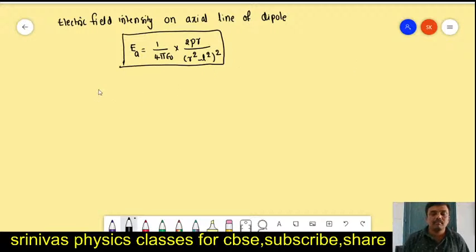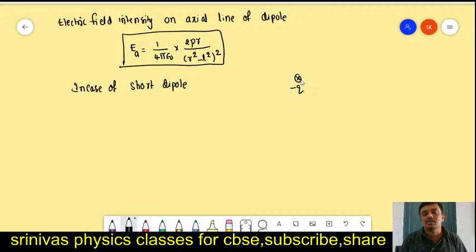Now, in case of short dipole, short dipole means this is minus q charge. This is plus q charge.